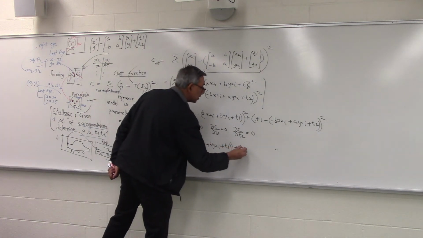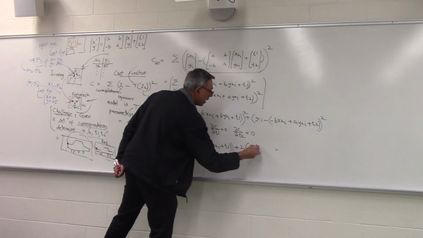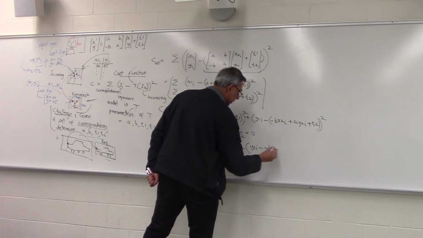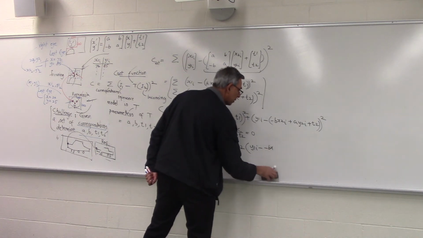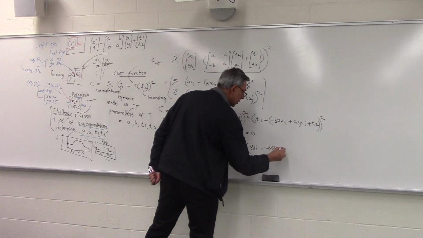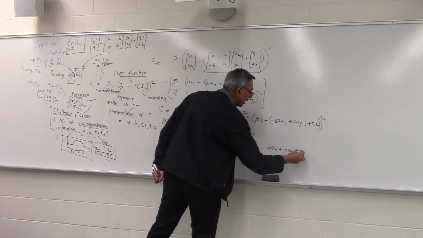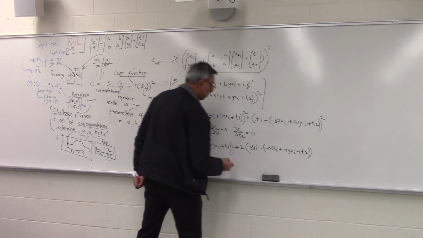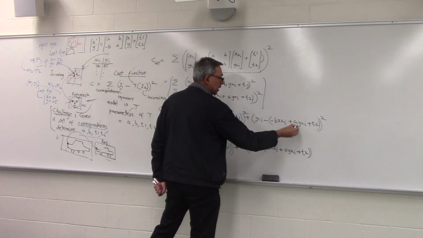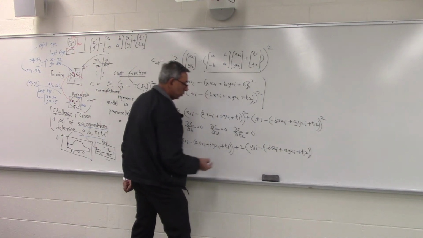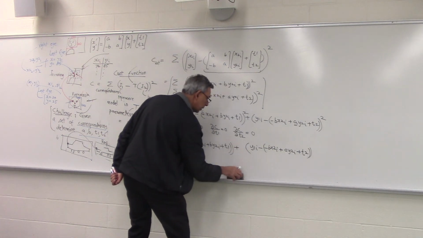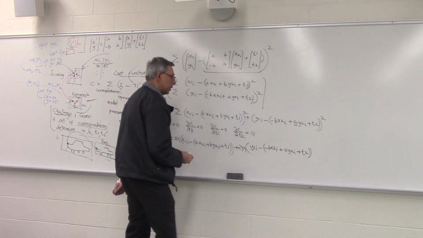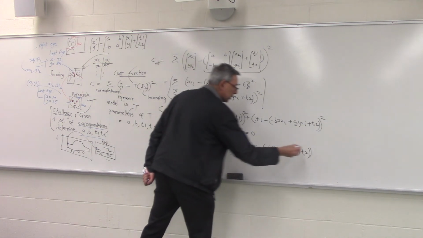So this will become 2 times (y1 of i minus b x2 of i plus a y2 of i plus t2), multiplied by the derivative with respect to a, which is y2 of i. And of course you'll set it to 0.